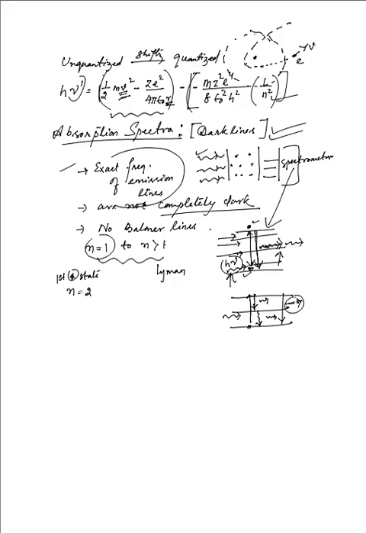So this is the first excited state where n is equal to 2, and because of the high temperatures in some stellar atmospheres, they are in the excited state. So there the Balmer series has been observed, and this Balmer series has helped us in a way.